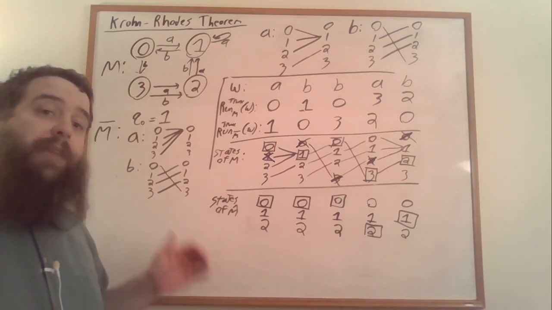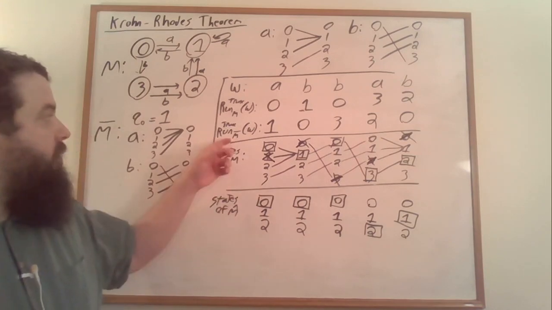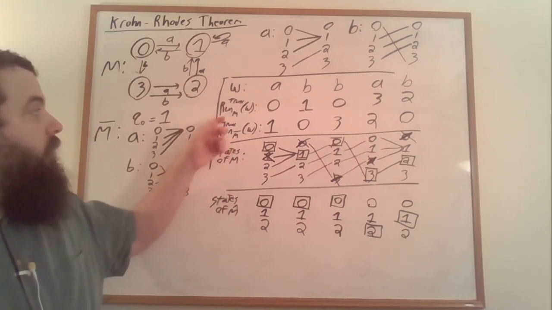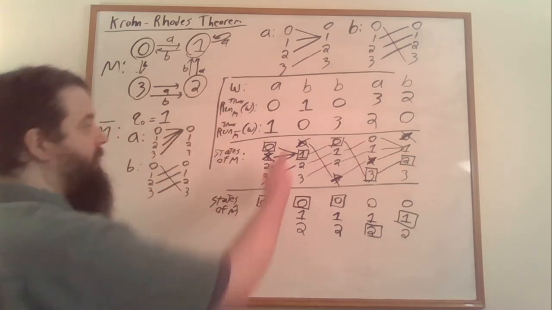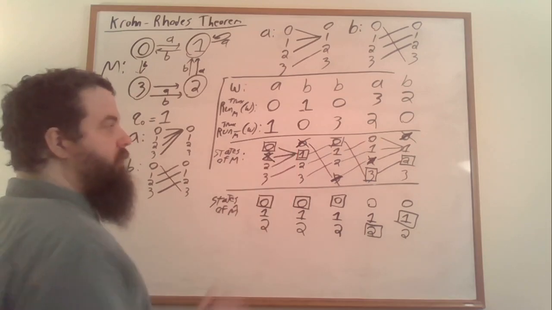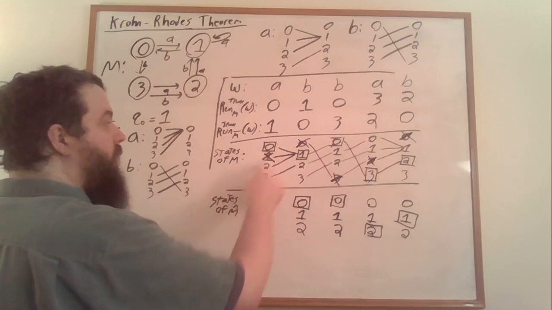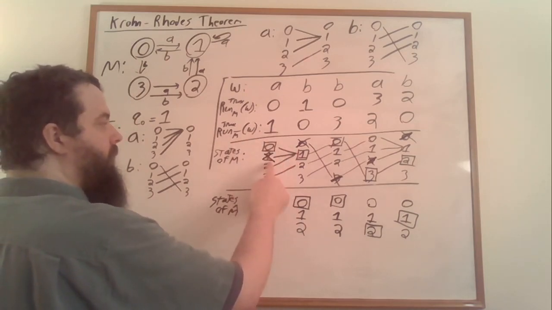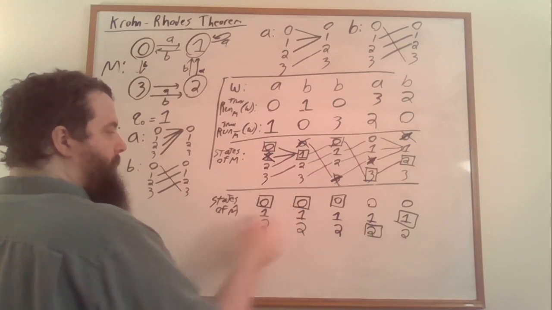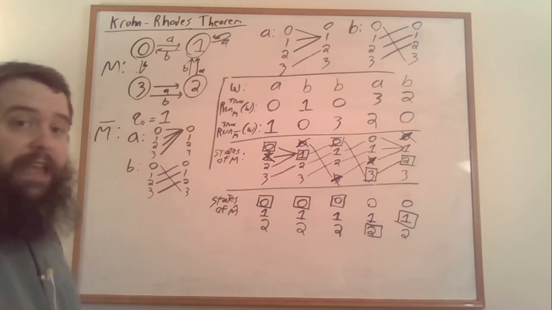We're going to want to be able to reconstruct from the run of M hat and the run of M bar the original run of the original automaton M. And again, the process of doing that is just going to be this in reverse. We'll write out the states 0, 1, 2, 3. We'll cross off the state that M bar says that we're not in, and then look to M hat to tell us which of the remaining states we're actually in.